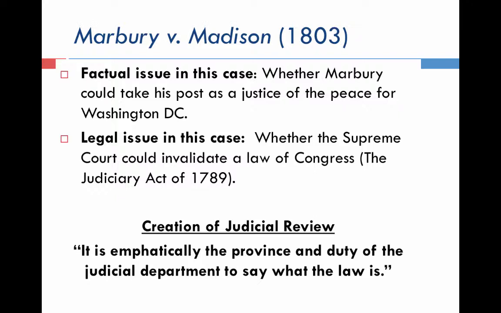The legal issue in this case is whether or not the Supreme Court could invalidate a law of Congress or an act of another branch of government. In this case, there was a provision of the Judiciary Act of 1789 that created a legal procedure called a writ of mandamus, which allowed someone to file a case directly at the Supreme Court in limited circumstances.